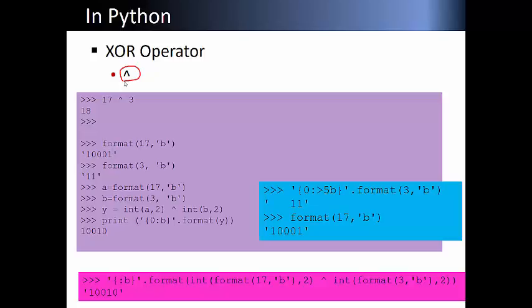So, if you want to exclusive OR 17 and 3, then 17 caret 3. Then it returns 18. But we do not know how. Is it really working that way? So that we can convert 17 here using this. We already know this, right? 17 into binary code and 3 in binary code. But still, it's not really easy to do exclusive OR.